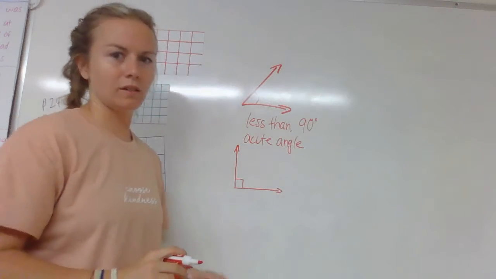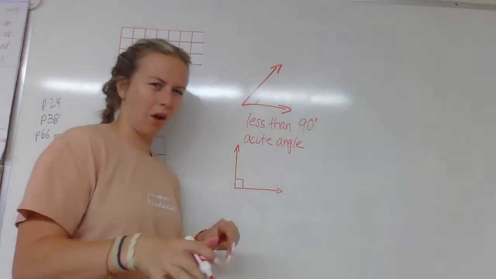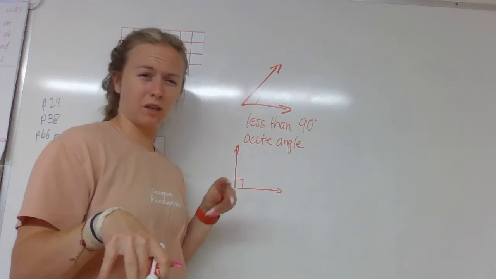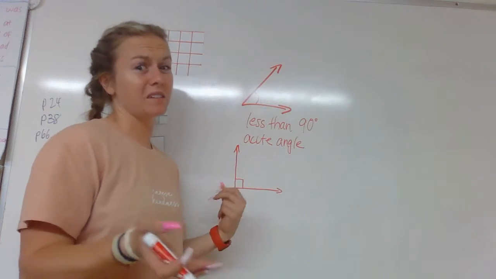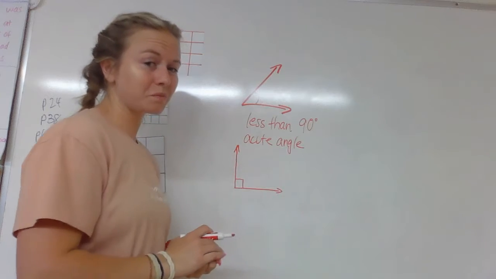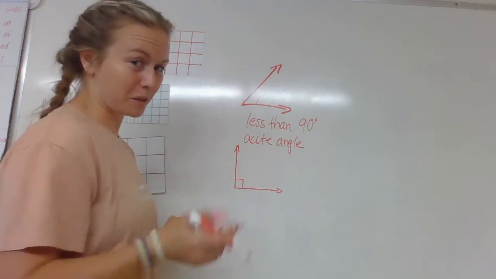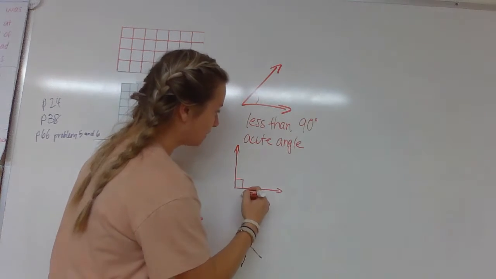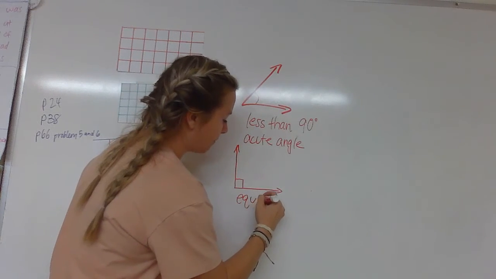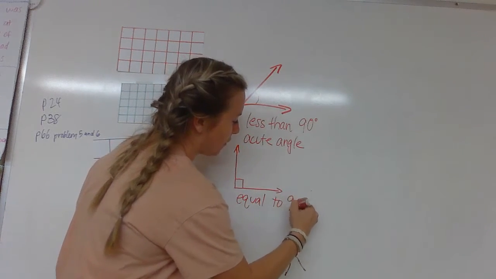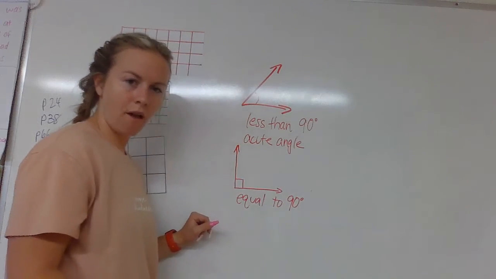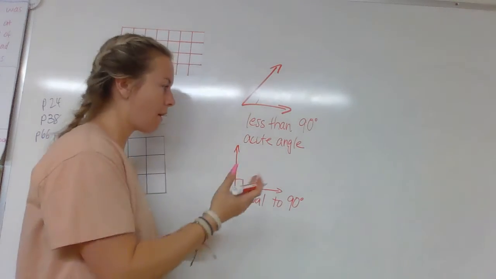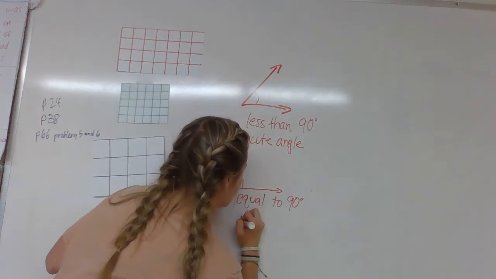What does this one look like? Does this one look like it could belong inside a square, and there's like 4 of them, or inside a rectangle? To me, it looks like it belongs inside a rectangle, meaning it is equal to 90 degrees. And it is a right angle.